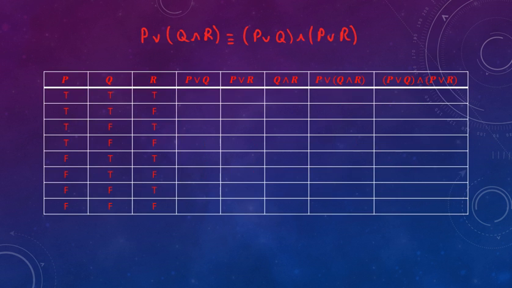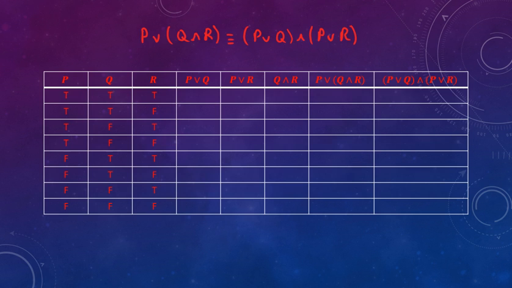We're going to move on to one of our distributive laws that we saw in the previous video. And we said that these two things are going to be equal. So here we're just going to verify that this is indeed the case. We have three letters going on, P, Q, and R, so we have 8 rows inside of our table here.